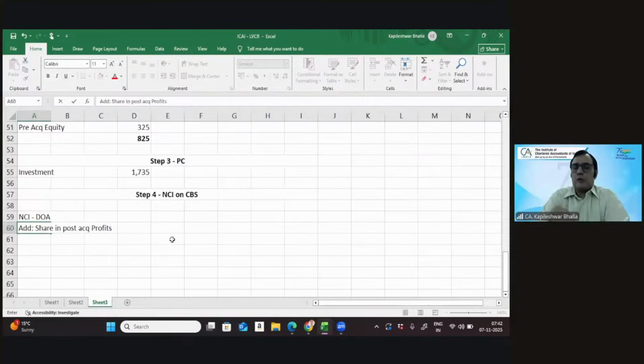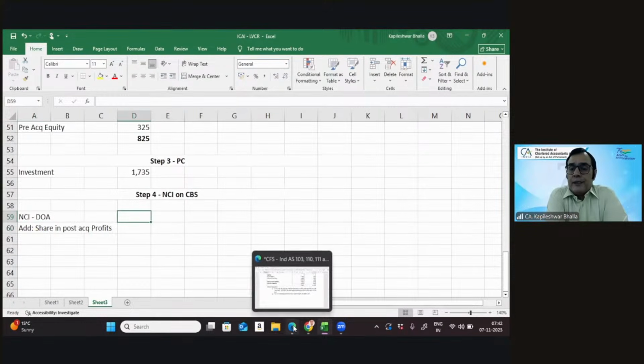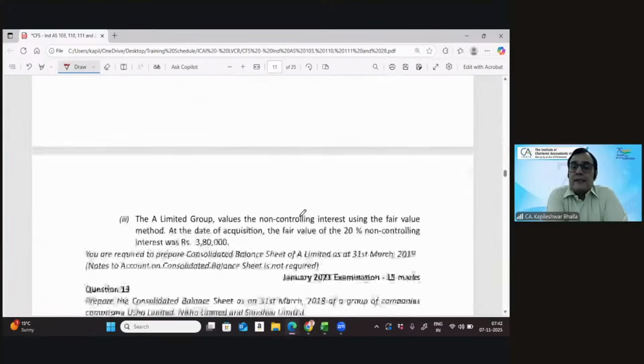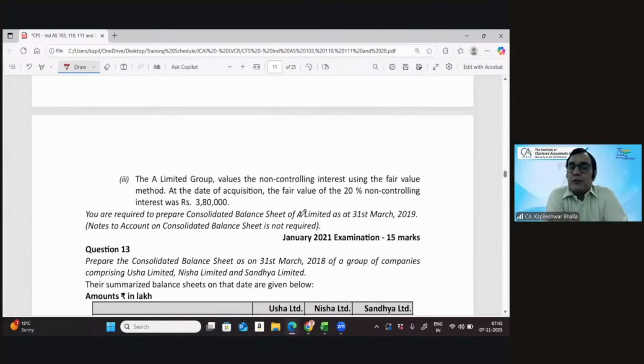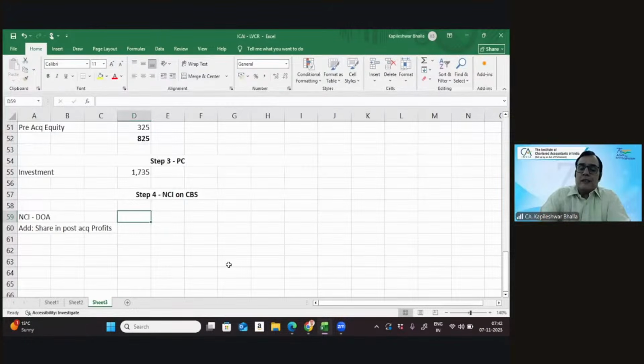So first, we need the calculation of the NCI on the date of acquisition. And this is clearly given in point number 3. It says A values the NCI using a fair value method, and on the date of acquisition, the fair value of the NCI is 380. So we take this as 380.